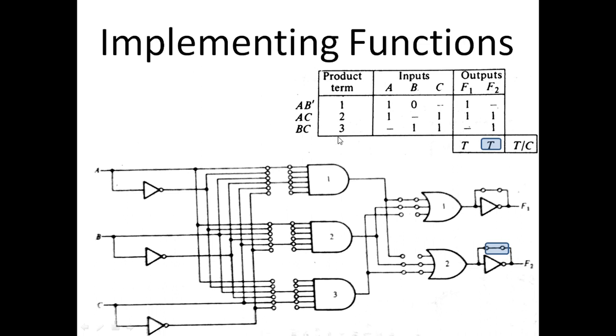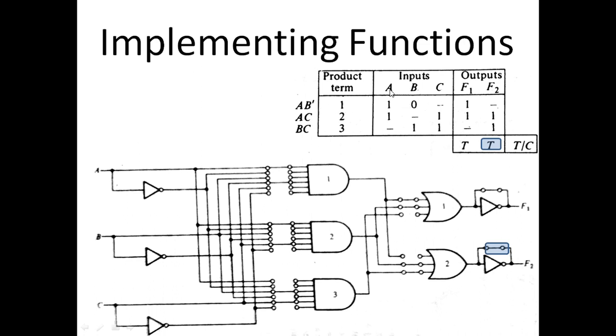We just broke the link from the input variable if there is no 1 or 0 under it. So we just did not connect that variable in its complemented form or normal form. For example, for product term 1, A is 1, B is 0.